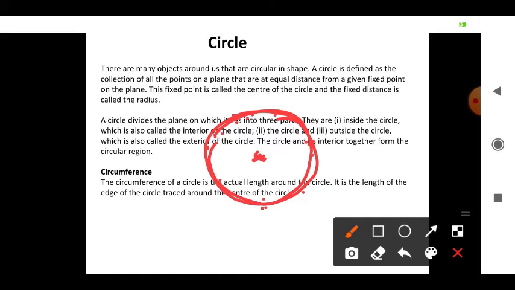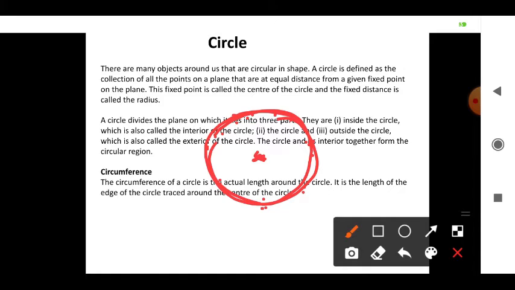So you are defining a circle: a collection of all points on the plane that are at equal distance from the given fixed point. From the fixed point you are drawing a circle.